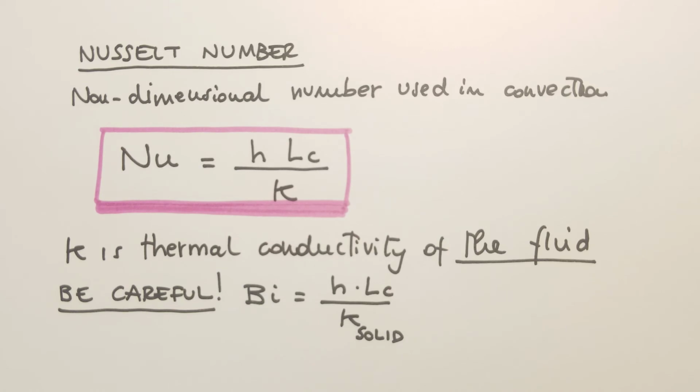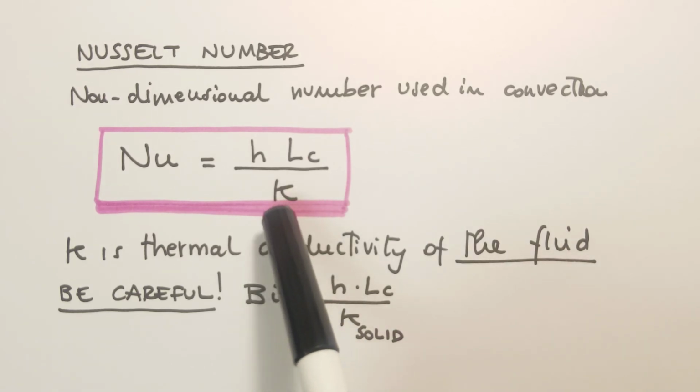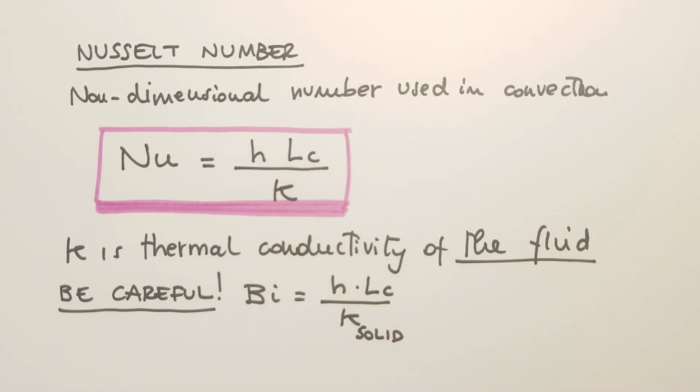We have to be careful because the Biot number was also defined as h times Lc divided by k, but in the case of the Biot number, we were dividing by the thermal conductivity of the solid, whereas here we divide by the thermal conductivity of the fluid.